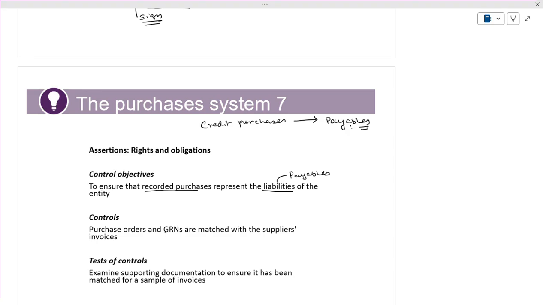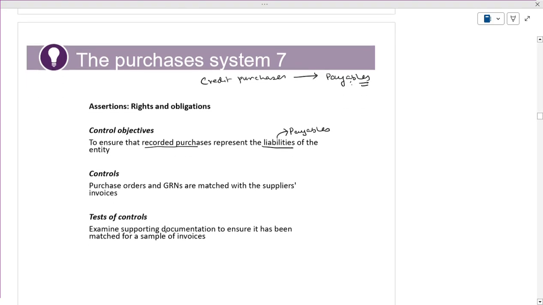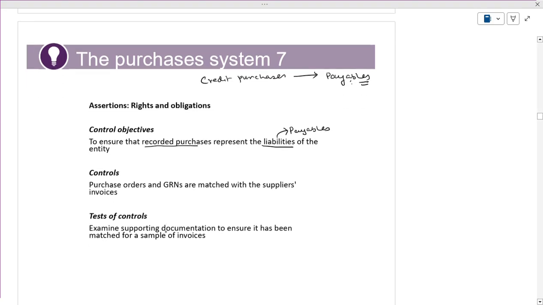But we are not talking about which liability, only liability. I am giving a small example with respect to payables. First we ensure that it represents a liability. That's the objective: we have to pay only to those people whom we have recorded.